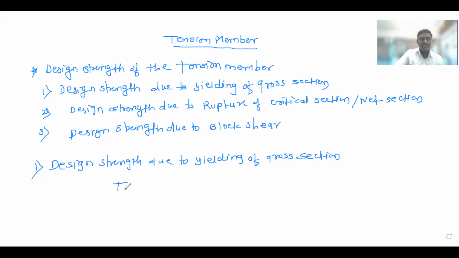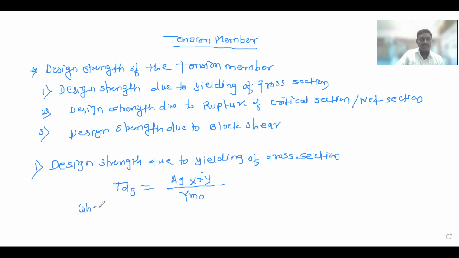The formula for this is Tdg. The meaning of this Tdg is T for tension, d for design, and g for gross section. So design strength due to yielding of gross section, Tdg, is equal to Ag into Fy divided by gamma m0.